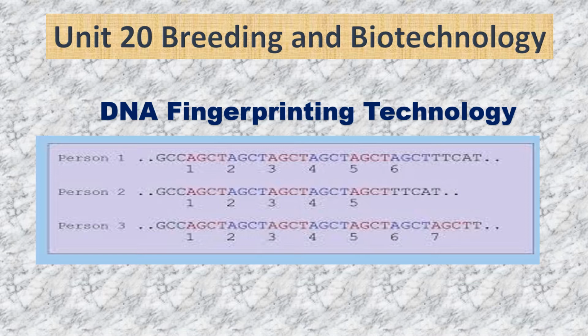The technique analyzes each individual's unique DNA sequences and provides distinct characters of individuals which help in identification. Variable number of tandem repeat sequences, VNTRs, serve as molecular markers for identification.